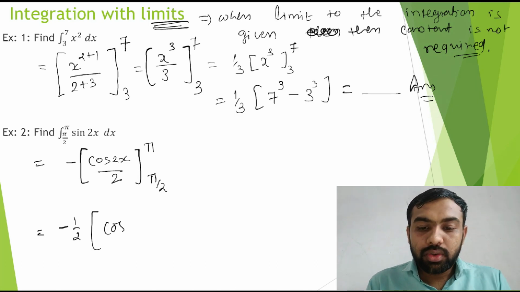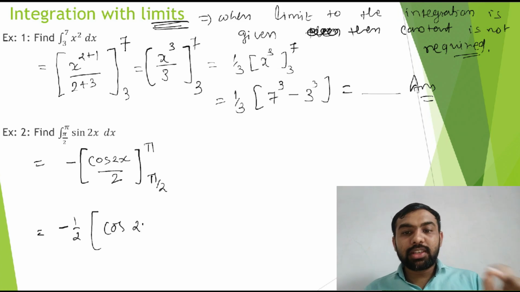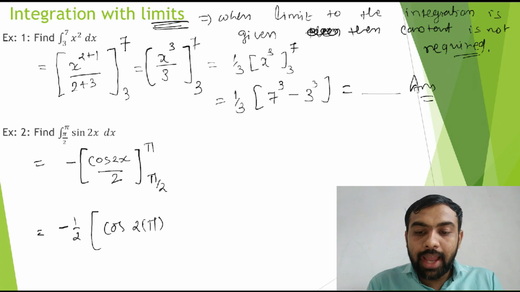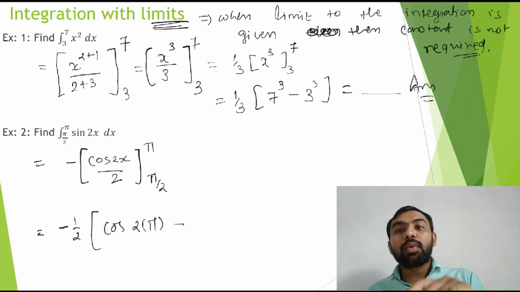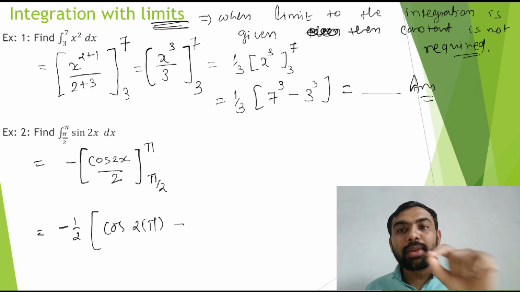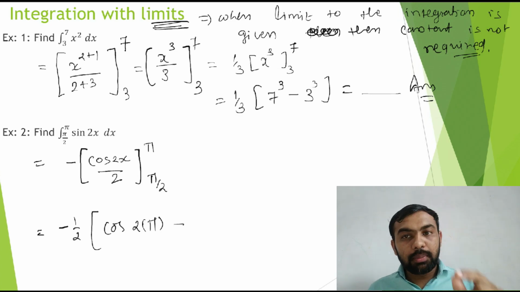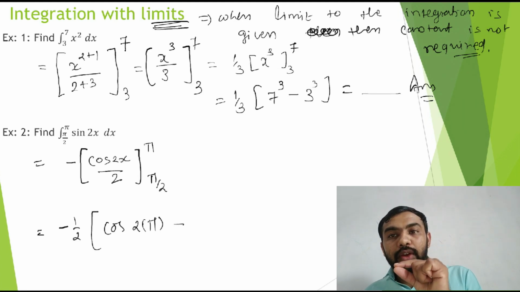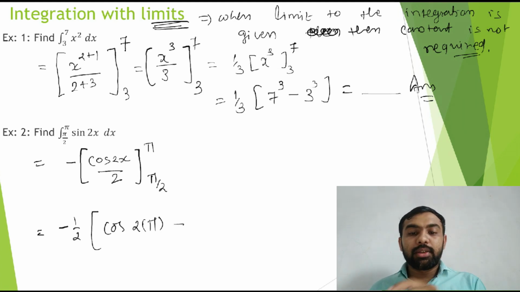Cos 2, x is replaced by pi. Minus, before you put the lower limit, you put the negative sign. First you put the upper limit minus lower limit. First put the upper limit, then whenever you put the lower limit, use the negative sign.